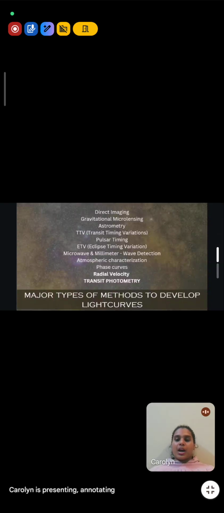These observations are very sensitive to thermal emissions of the planet, and can provide information about their atmospheric properties, their temperature fluctuations, and any kind of thermal related observations can be made using M&M wave detection.